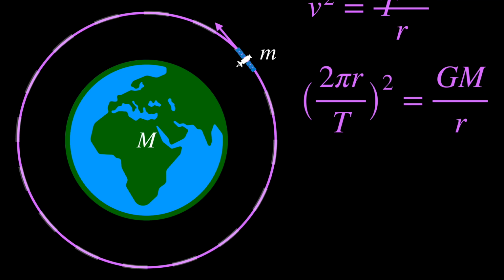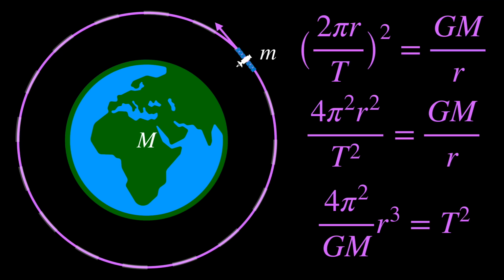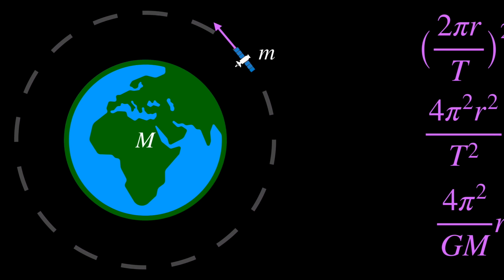We just distribute that squaring function across the expression, and then rearrange the equation to have T on one side and r on the other. So we end up with the equation T squared equals 4 pi squared over big G big M multiplied by r cubed. So there you go. The period squared is directly proportional to the radius of the orbit cubed. That's Kepler's third law, that proportionality right there.